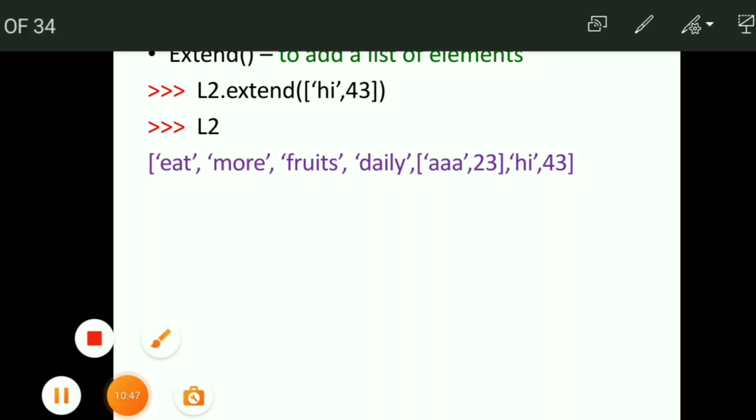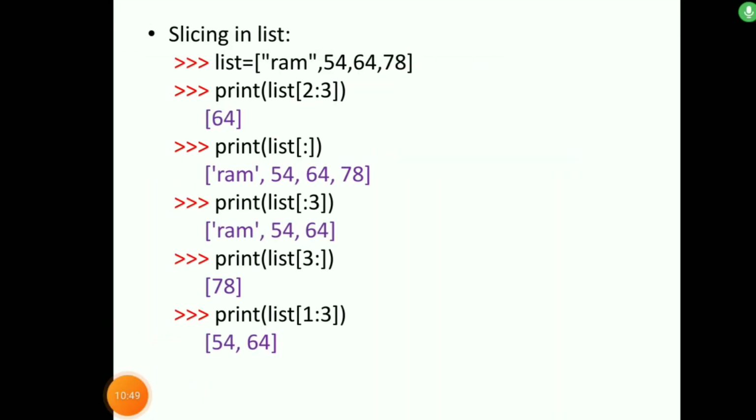Next, slicing operation. The slicing operation extracts the element or item from the list. Using the index value, we can access the element in the list. For example, print list of 2:3 means we can get the item of index value 2, because 3 minus 1 is also 2.